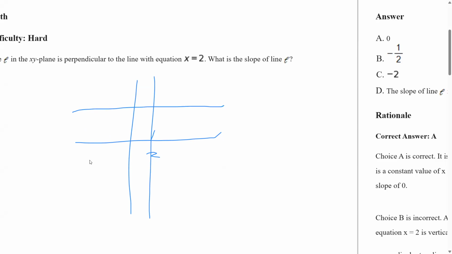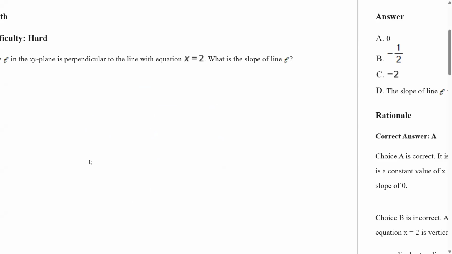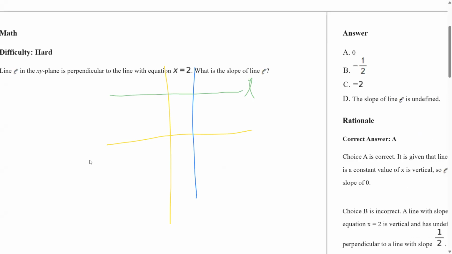And if the line is in this shape, we have here x equals a constant, and line L, this is line L. If the line is horizontal, its slope will be 0. So the answer is A.